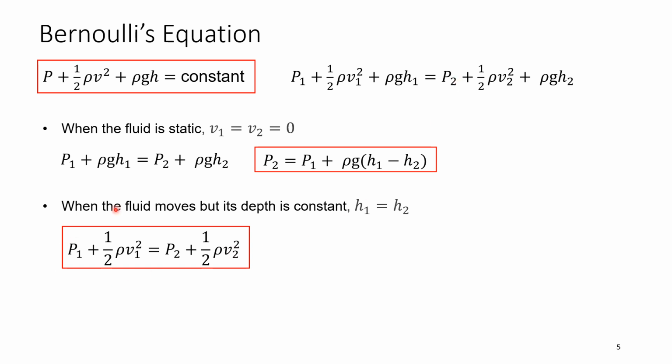This situation is so important that this equation of the fluid moving at a constant depth is often called Bernoulli's principle. We can see from Bernoulli's principle that pressure drops as speed increases in a moving fluid. For example, if V2 is greater than V1 in the equation, then P2 must be less than P1.